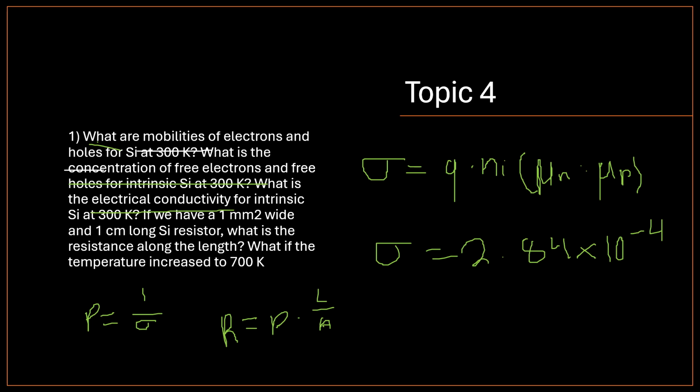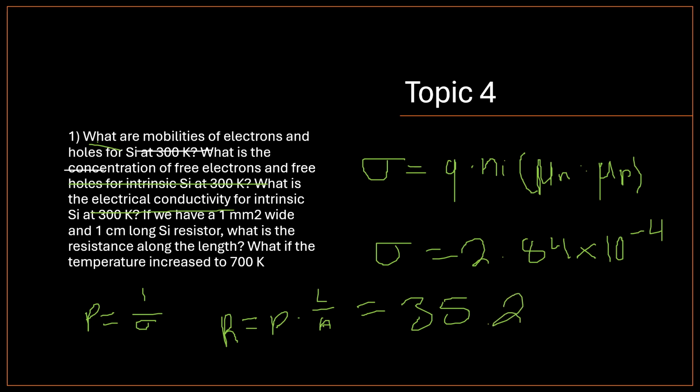For this, first our L is 0.1 and our A is going to be 1 times 10 to the negative 6. I don't know how many zeros there are, but if you plug all those in, that gives you 35.2.